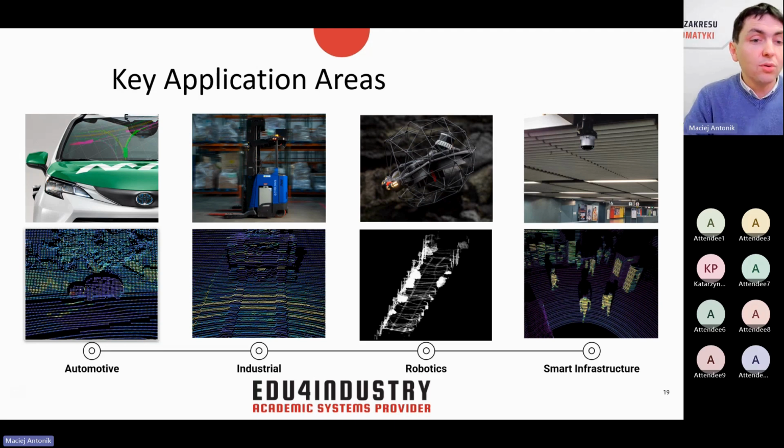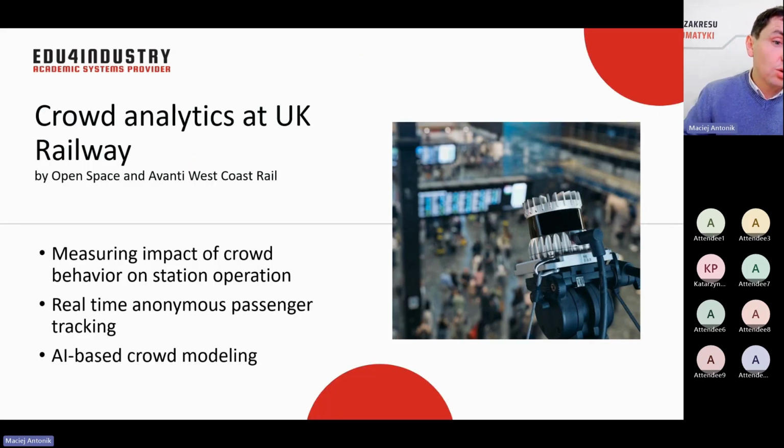And let's move to a few selected examples of applications from all around the world where those lidars have been used, just to give you an example. I'm starting with exactly the smart infrastructure example. This is a project from, I think, a few years ago from a company called OpenSpace, which worked together with Avanti West Coast Rail, so basically a rail operator in the UK, to design a system that can be used to gather data about crowd movements at a railway station.